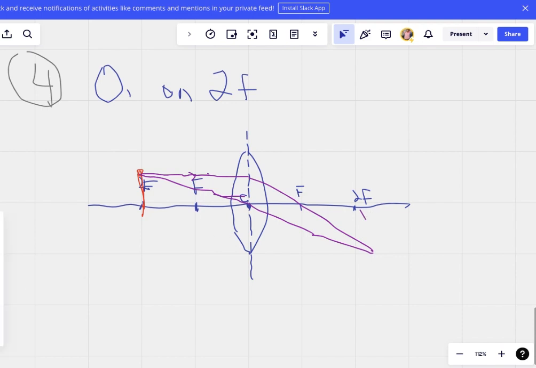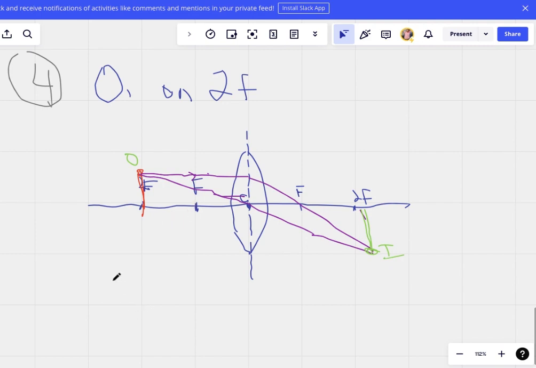However, the image is the same size as the object, but inverted. Okay? So this is the image, I write capital I, and this is the object, we write capital O. So when the object is on 2F, the image produced will be the same size but inverted.